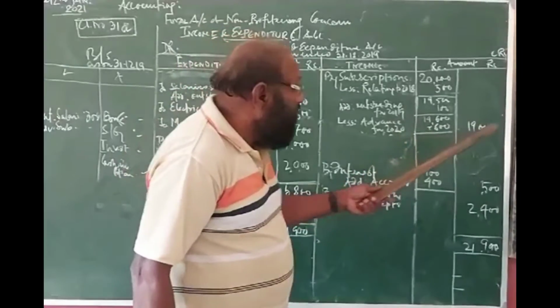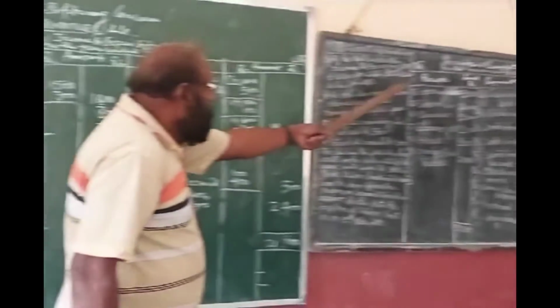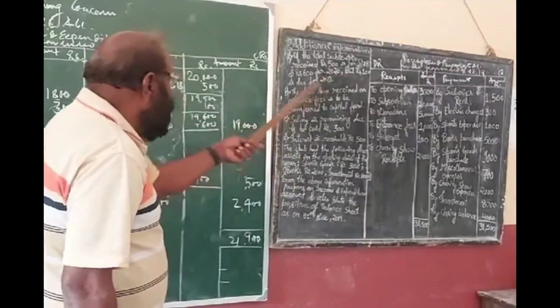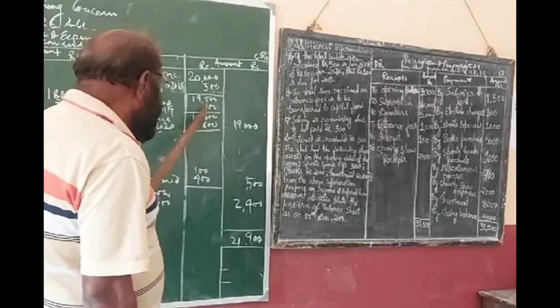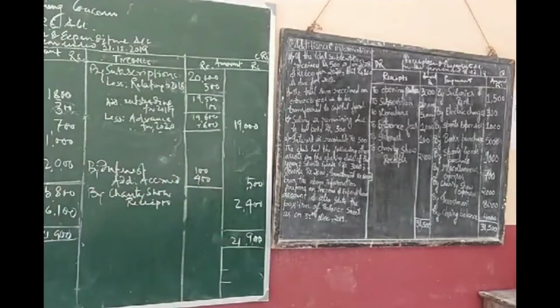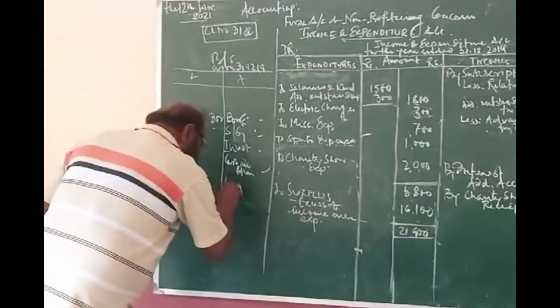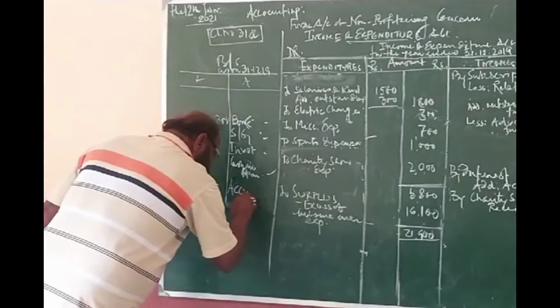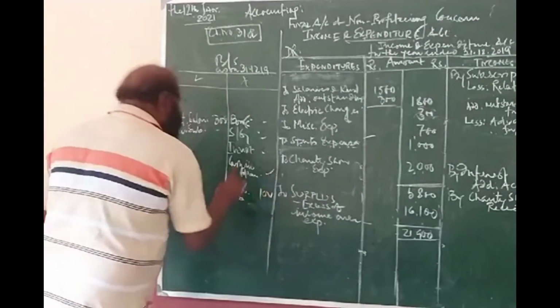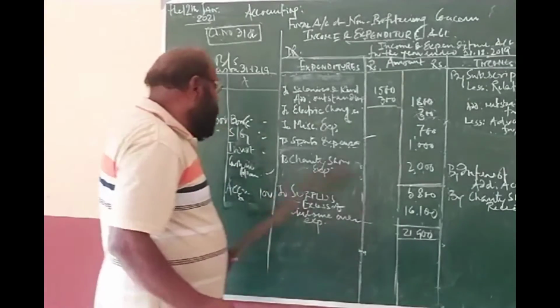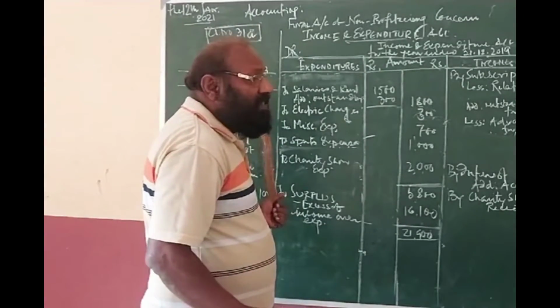And rupees 100 is due for 2019. It has been added, and it will come in the asset side. Okay, accrued subscription in the asset side. Clear? So these would be the treatment in our closing balance sheet.